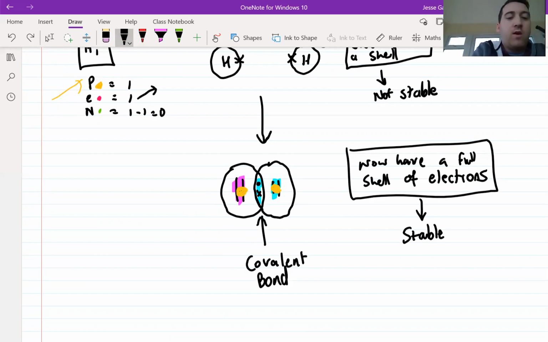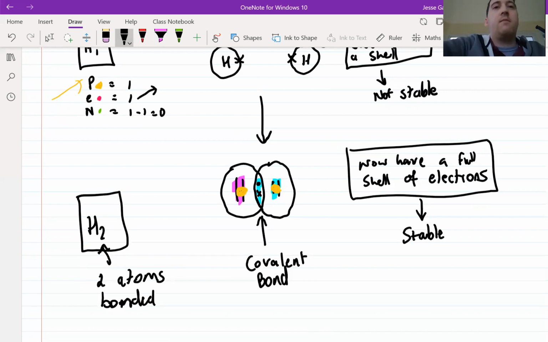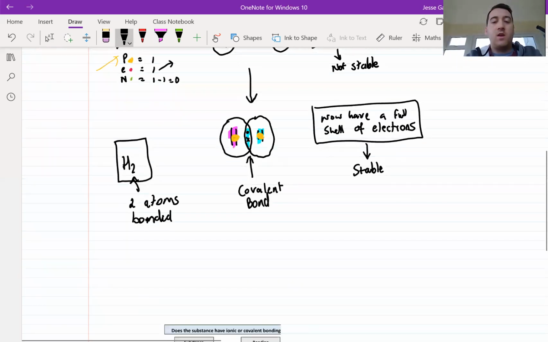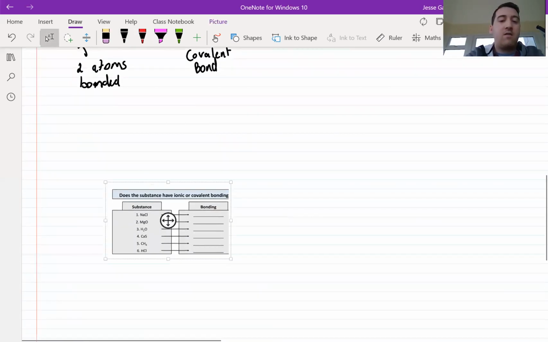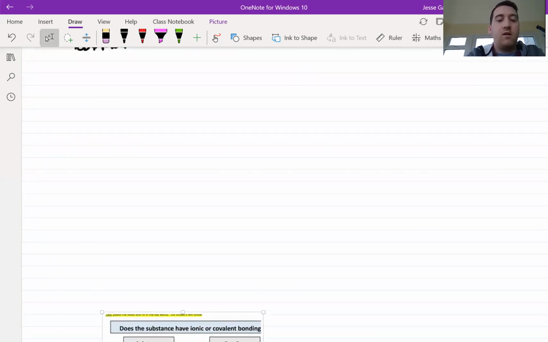When we look at this, this is what we would normally see for hydrogen. We'd see it as H2. And what this 2 means is 2 atoms bonded together, covalently bonded. So we can now clarify what we actually mean by covalent bond.